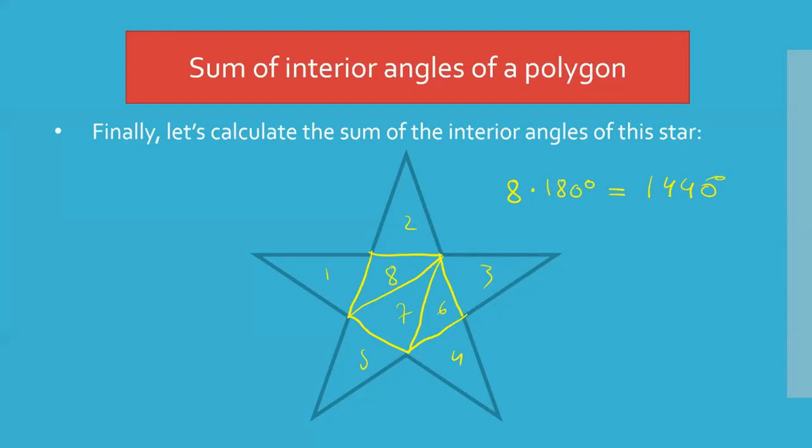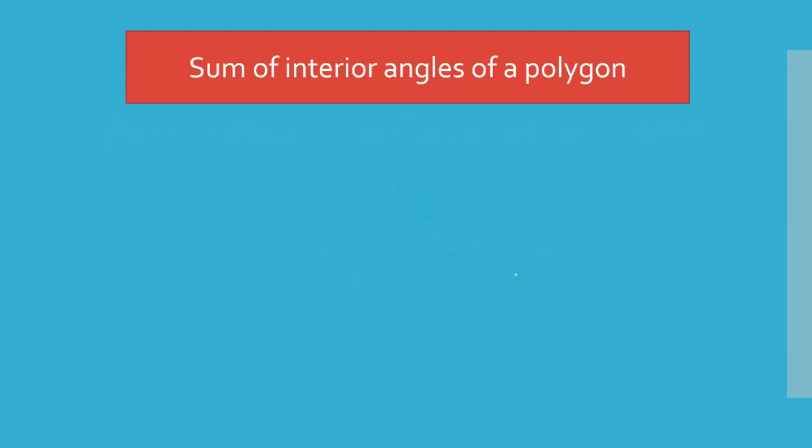So at the end of the day, let's see what we noticed. When we had a triangle, it had three interior angles, and the sum was 180 degrees. When we had a quadrilateral, it had 4 sides and 4 interior angles, and we had 360 degrees, which is 2 times 180.